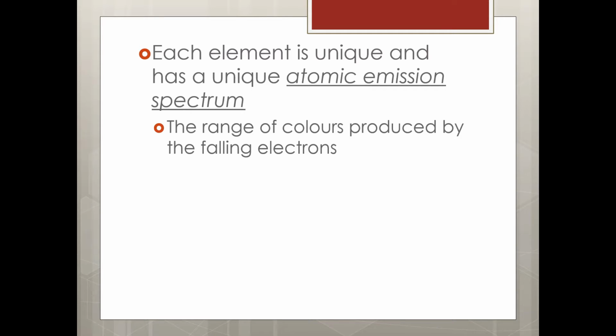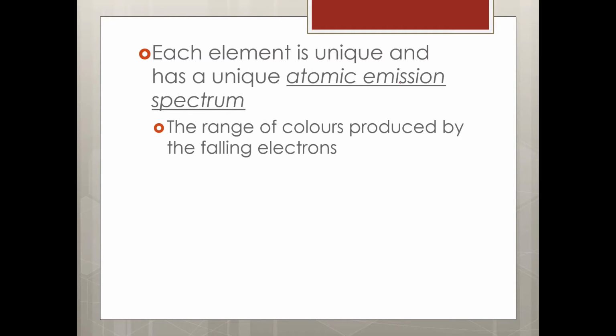And if you observed the copper spectrum and the lithium spectrum from the other day, that showed quite clearly that copper and lithium have very, very different emission spectrums, because copper and lithium are very different elements. They have different amounts of electrons and so on. Okay? So this atomic emission spectrum is just the range of colors produced by the falling electrons.